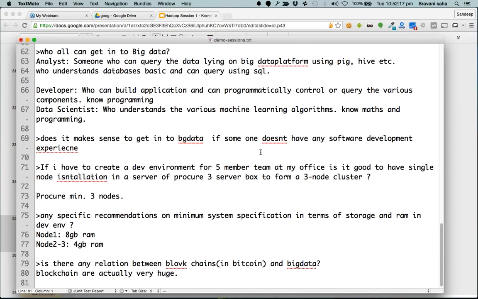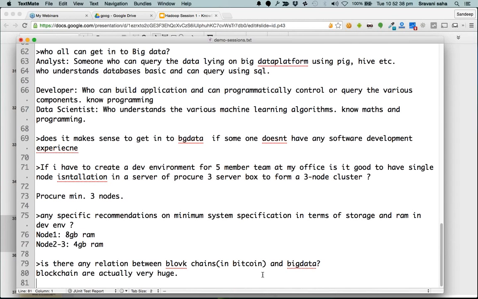To churn a blockchain, you will require a multitude of computers. That is the only common thread between big data and Bitcoin.